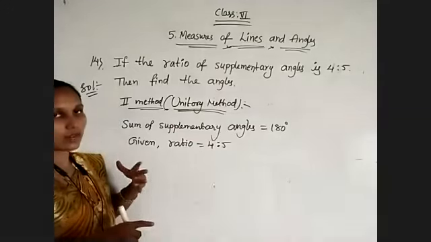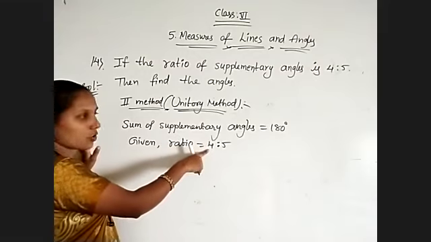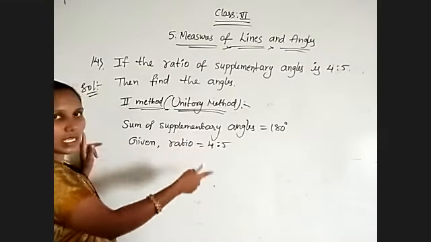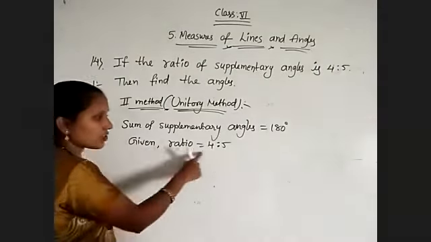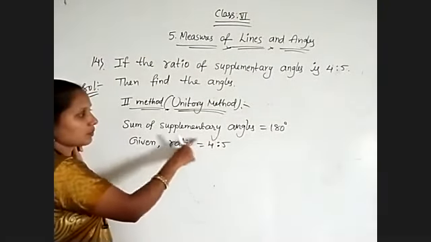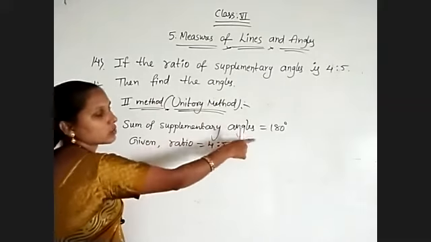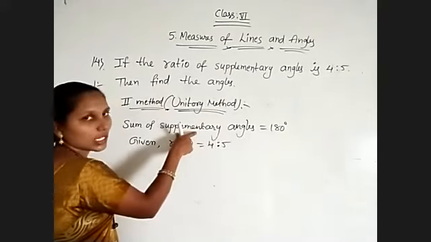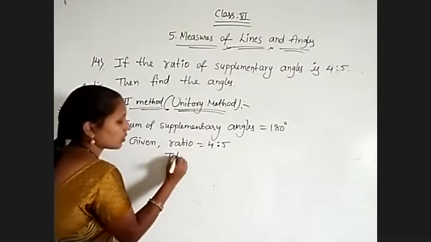The smaller angle is 90. Here the smaller angle's part is 4 parts. That means 4 parts is equal to 90 degrees, like that. Okay. Now the ratio of the given two angles is equal to 4:5. The sum of the two angles is 180. Sum means total angles. So we have to take the total ratio, the total parts of the ratio.